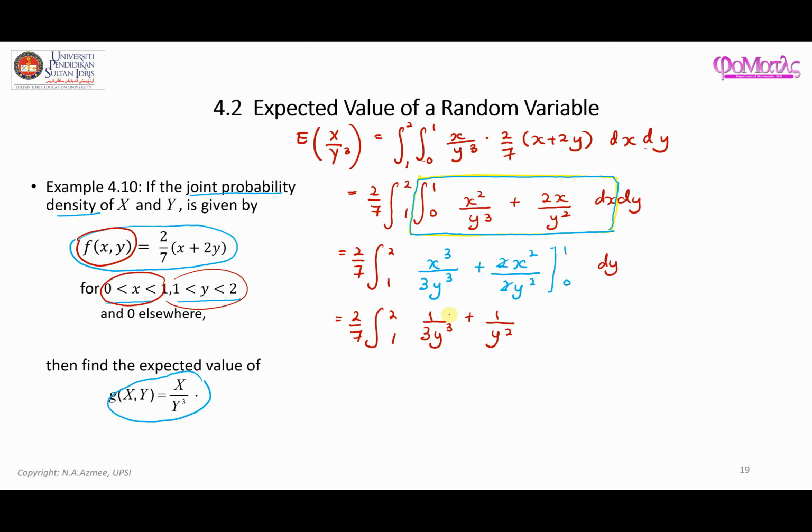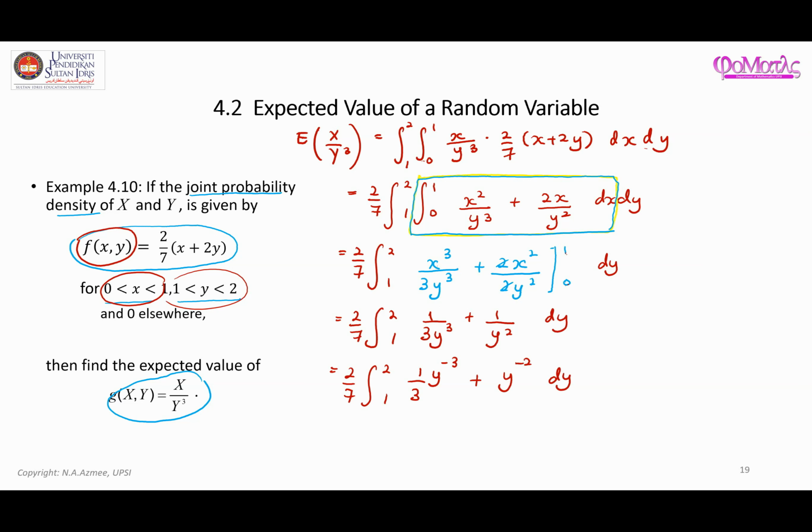So we have this expression as the final answer for the part of substituting the values. Next, I can write this in terms of 1 over 3 y to the negative 3 plus y to the negative 2 dy.